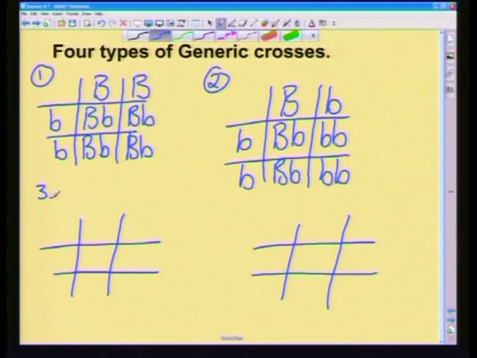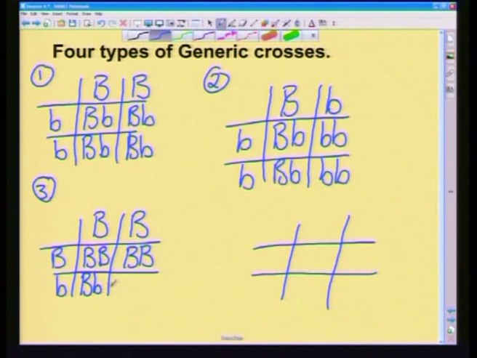The third type of cross that you are going to get, we're going to take homozygous dominant and heterozygous, and we would have very similar results to what we have in 2. Capital B, capital B, small b, capital B, small b, except here you have 50% heterozygous and 50% homozygous dominant.